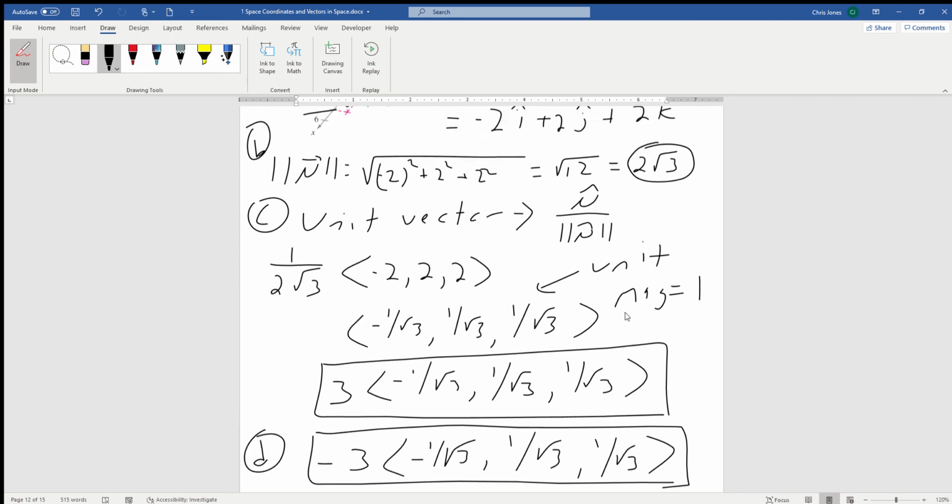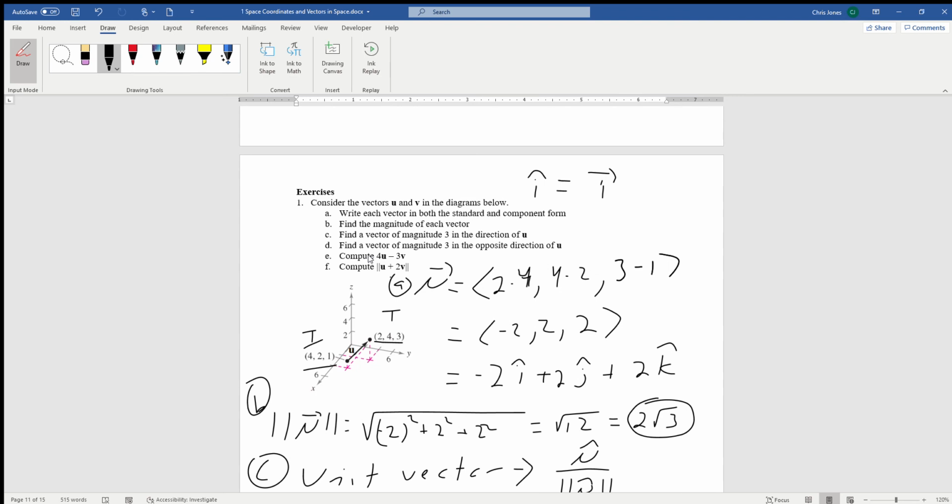Last two things we have to do are two operations: 4u minus 3v, and then u plus 2v. I'm going to make some room here so we can compute those.